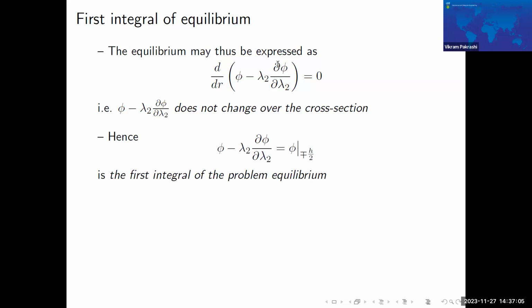Okay? This has to be a constant, and we can easily compute this constant, because at the top and the bottom, we know certain relationships where the thickness stresses are 0, which enables us to compute it. So basically, this is something that is valid in equilibrium of a pure bending problem for any hyperelastic material.